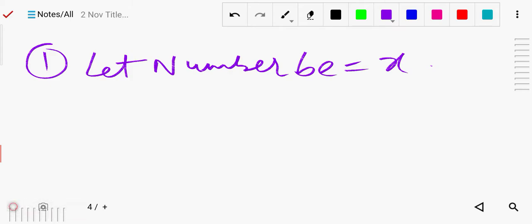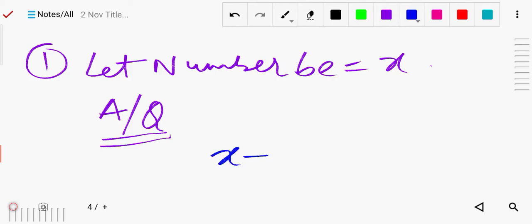According to the question. In short, you can write: according to the question. The question was saying that the number is increased by 17, and it gives 26.